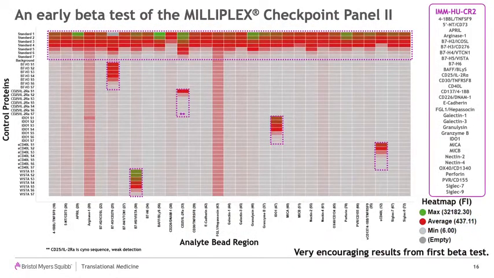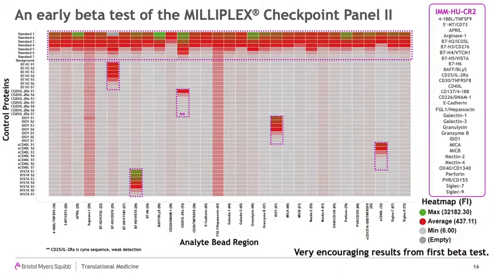Next, I want to share with you some very exciting data from a new 31-plex, the Millipore Checkpoint Panel 2, where we were involved in the beta test process. This panel is an exciting extension as it contains a broad variety of additional checkpoints and ligands, such as members of the B7 family, and many of the analytes are complementary to Checkpoint Panel 1.